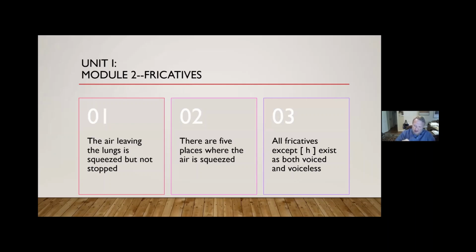And this noise can easily be heard when one is producing this sound in language. So sh, zh, s, z. You see what happens is I'm squeezing in the mouth, I'm squeezing the air to the point where this noise is produced. And we have 5 places where the air is squeezed in the case of fricatives. And all of these fricatives, except H, occur as both voiced and voiceless. So we have pairs again.